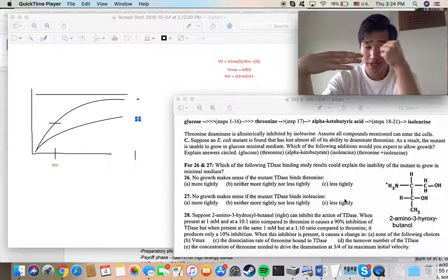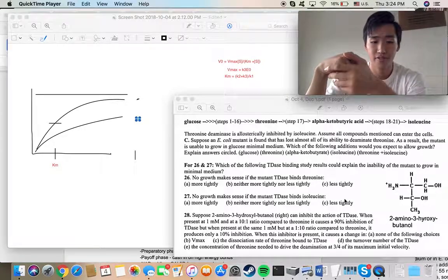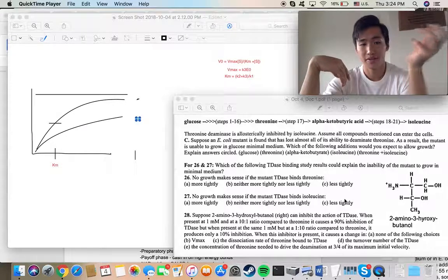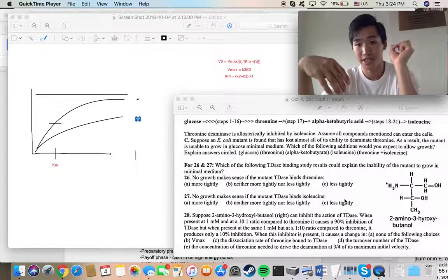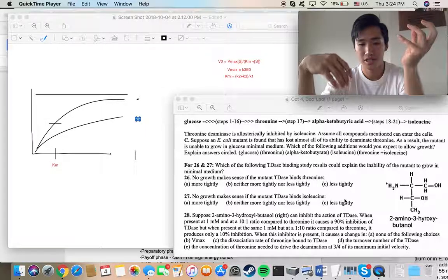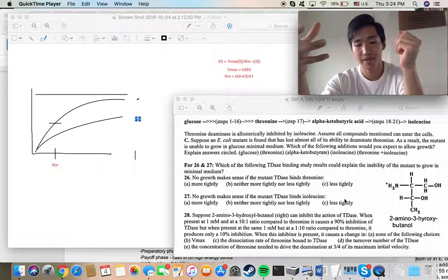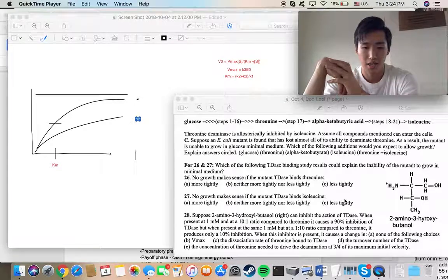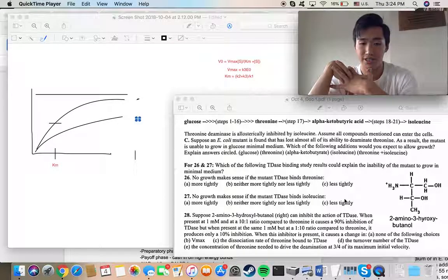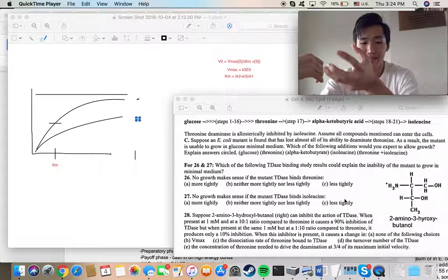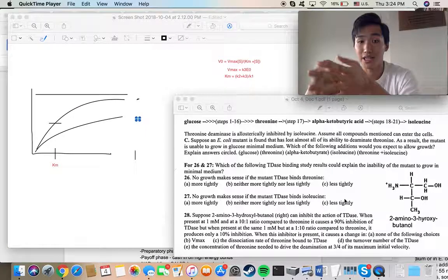So what you should be thinking is this sounds really characteristic of a competitive inhibitor, right? Because when there's a lot of competitive inhibitor comparatively, it's going to take up a lot of the free enzyme, and when there's less competitive inhibitor compared to the substrate, it's going to be drowned out by the effects of the substrate. And that's why Vmax doesn't actually change, right? Because when you increase the substrate concentration enough, the amount of competitive inhibitor present just ceases to matter because it's not actually inactivating any enzyme.